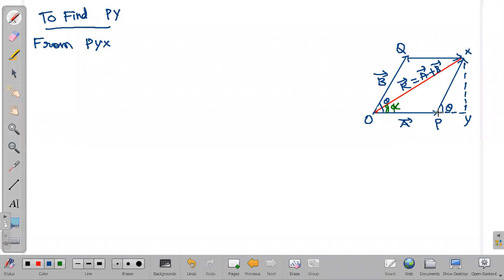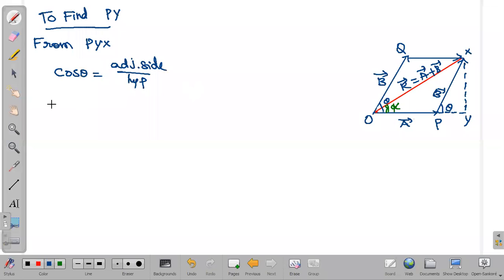The adjacent we get in the cos function. So cos theta can be written by the formula adjacent side by hypotenuse. Now the hypotenuse is known here. This is parallel to B, so this also becomes B bar only.